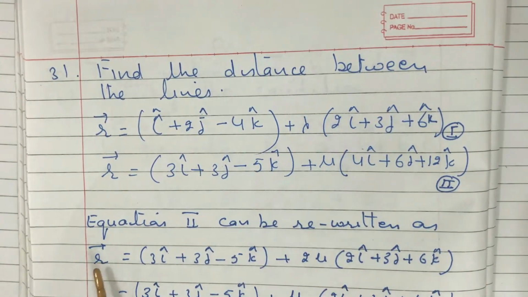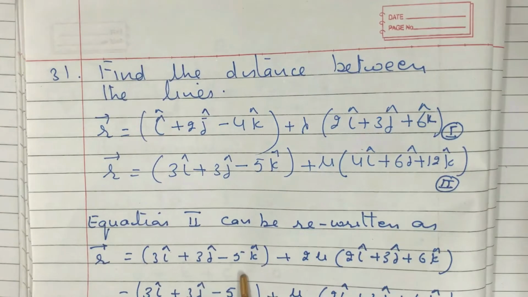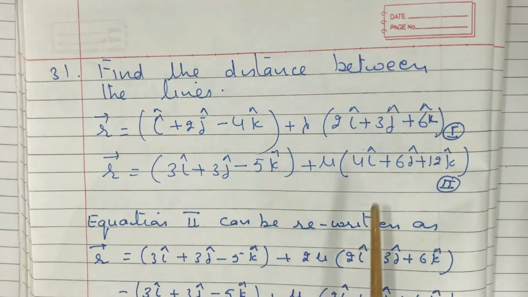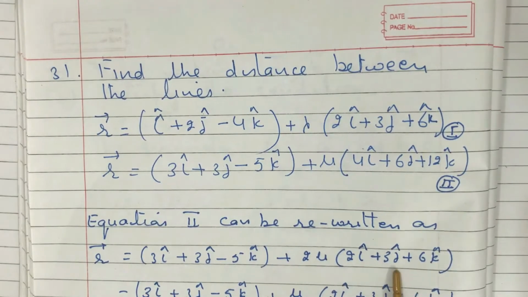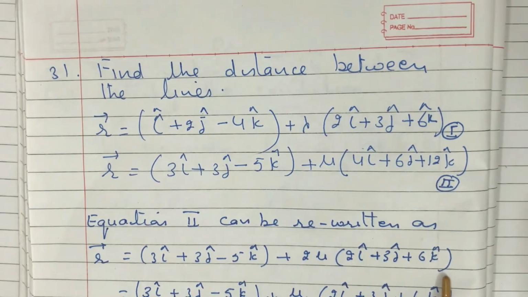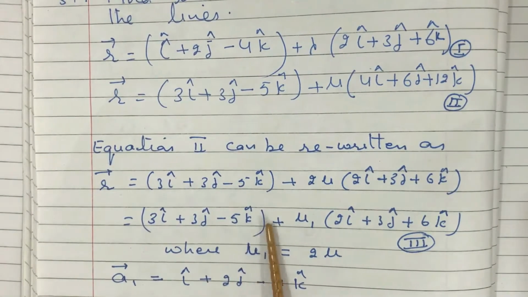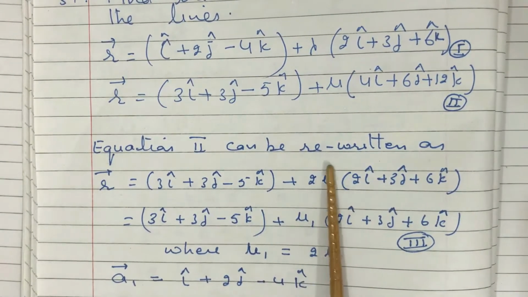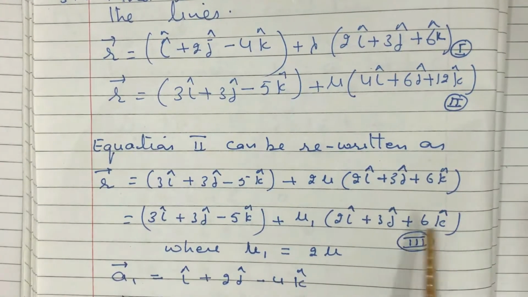Now this is r vector is equal to 3i cap plus 3j cap minus 5k cap plus, take 2 common, it will be 2 mu (2i cap plus 3j cap plus 6k cap). Now this is 3i cap plus 3j cap minus 5k cap plus mu 1. Let this be mu 1, (2i cap plus 3j cap plus 6k cap).